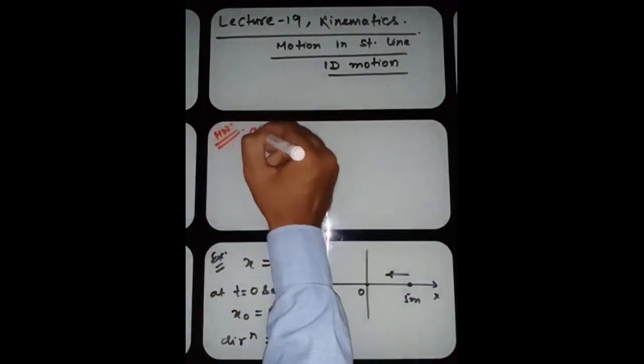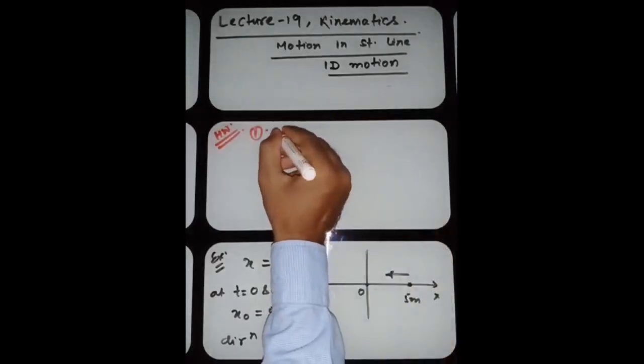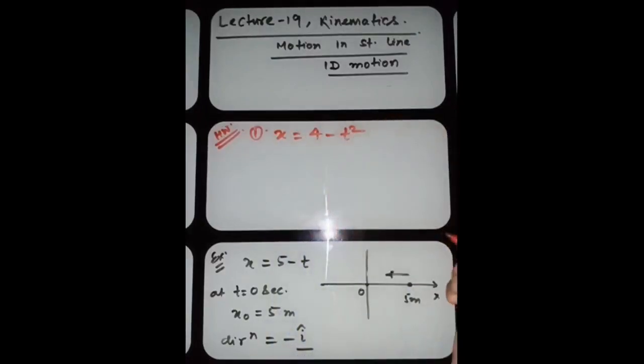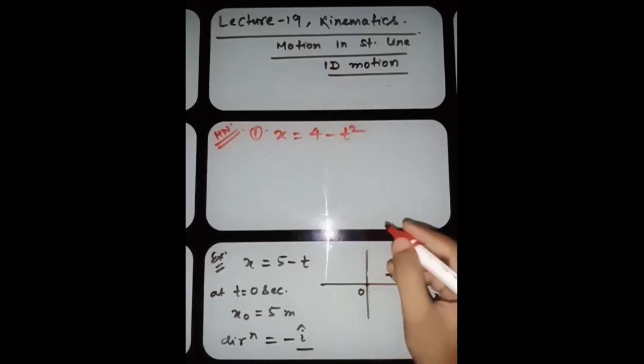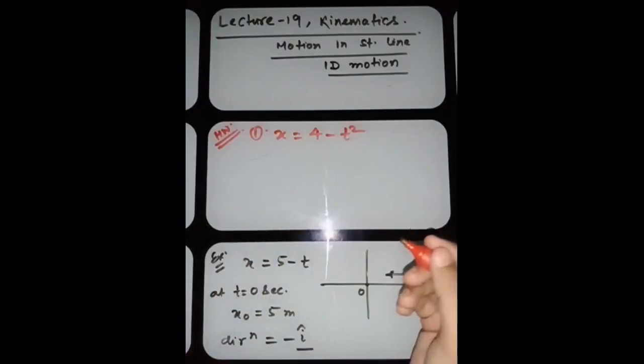Two homework questions I'll give you. Okay, if x is 4 minus t square, all right, if x equals 4 minus t square, you have to find the position and direction of motion. Position and direction of motion.